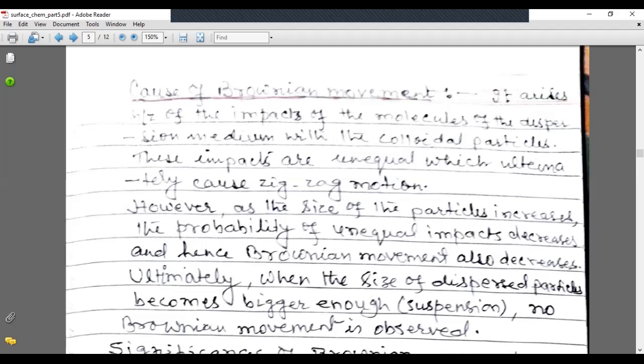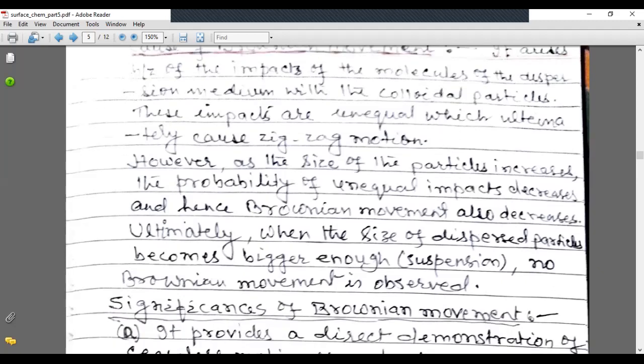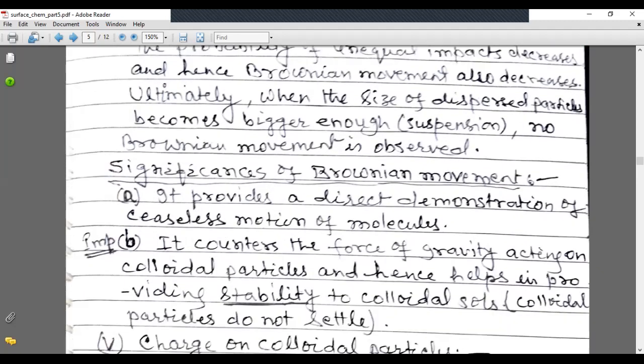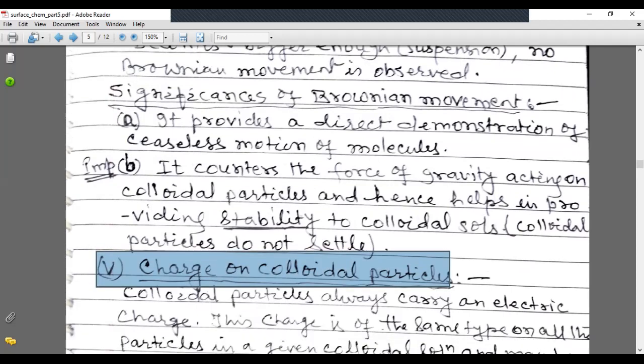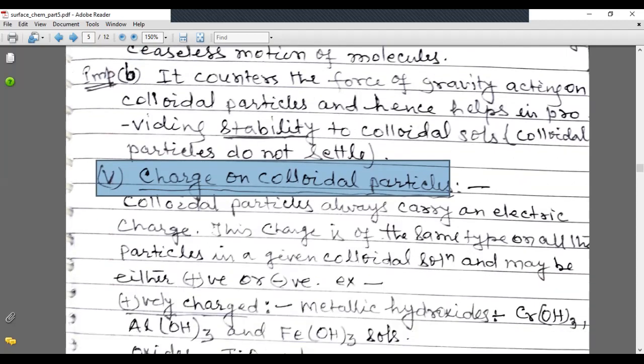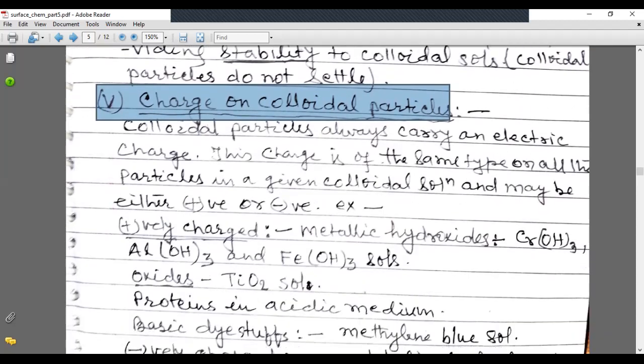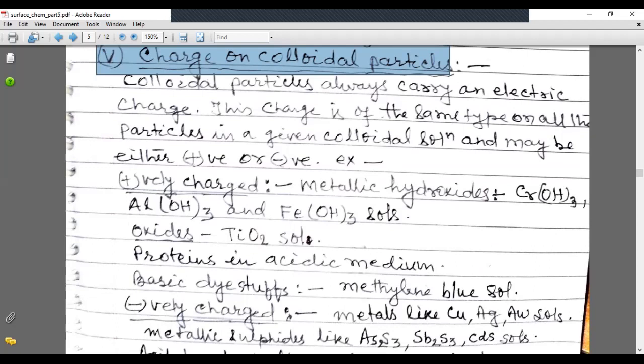Now the next point is charge on colloidal particles. This is again very much important for your examination. Colloidal particles always carry an electric charge. This charge is of the same type on all the particles in a given colloidal solution and may be either positive or negative.